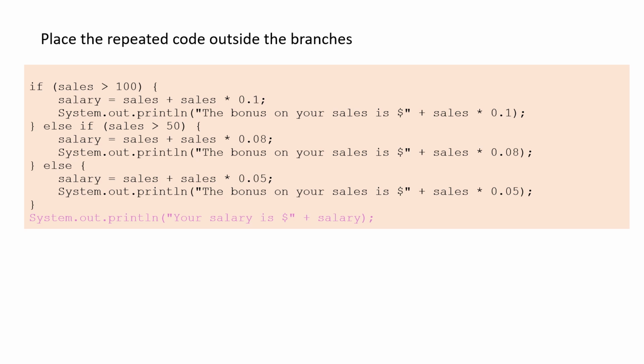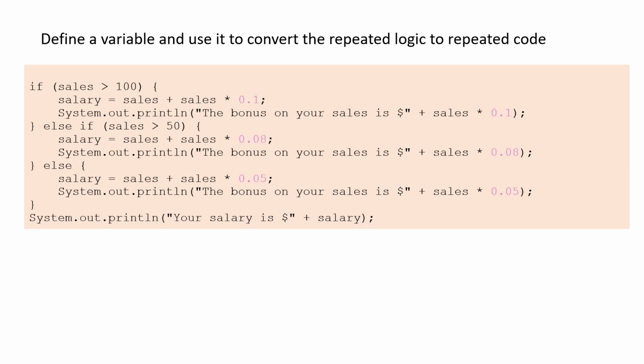the other lines of code that are shared across the branches are very, very similar, except for the numbers that I've highlighted in pink. We call these lines of code repeated logic. The reason is that, for example, the logic across the if, else if, and else conditions for calculating the salary is the same.